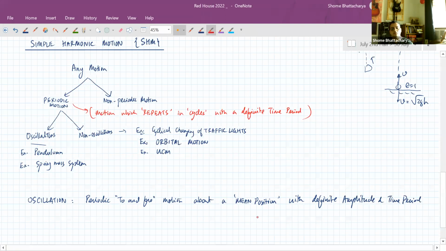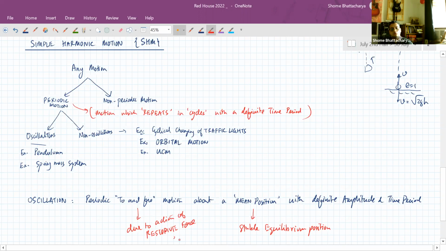Now, slightly more technical. What is a mean position? It's a stable equilibrium position. And what causes the system to go to and fro about it is the action of the restorative forces. Wherever there's a restorative force and an equilibrium position, the equilibrium position is a stable equilibrium position.